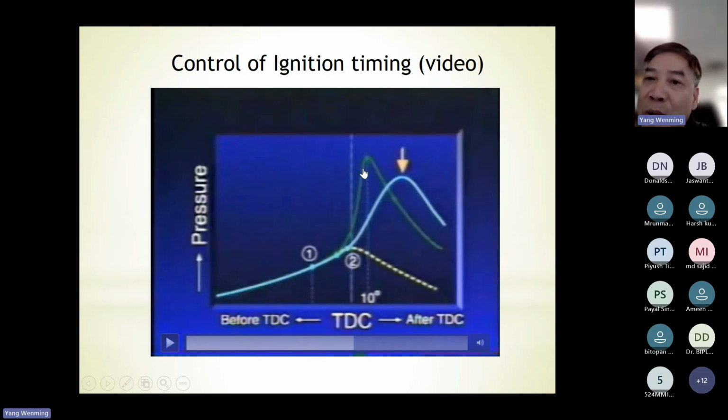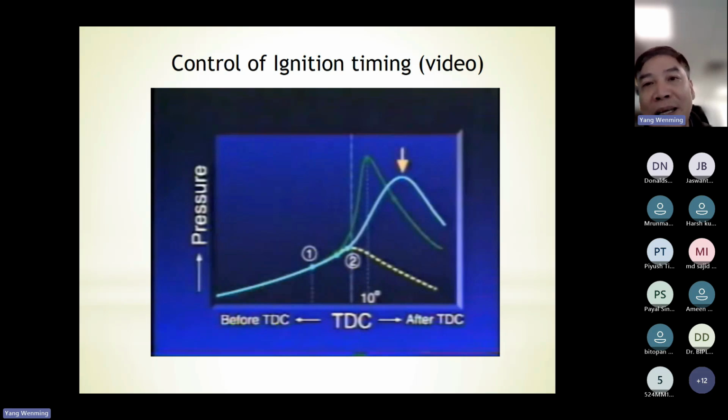First one, 1000 RPM, second one, 2000 RPM. Assume the ignition delay in terms of crank angle for the first case is 10 CA. Then how about the second one?